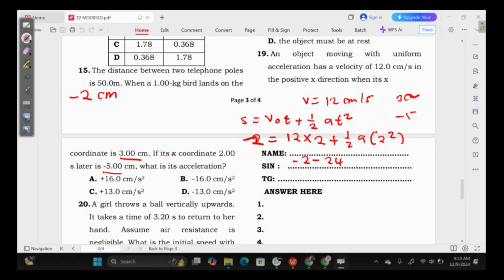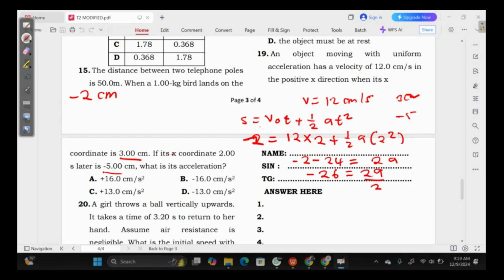Yes. So this now is more like we are talking about half. So it's 2 squared is 4. 4 times half is 2. You have seen that, right? Yes. So now we have negative 26 is equal to 2a. Divide both sides by 2.